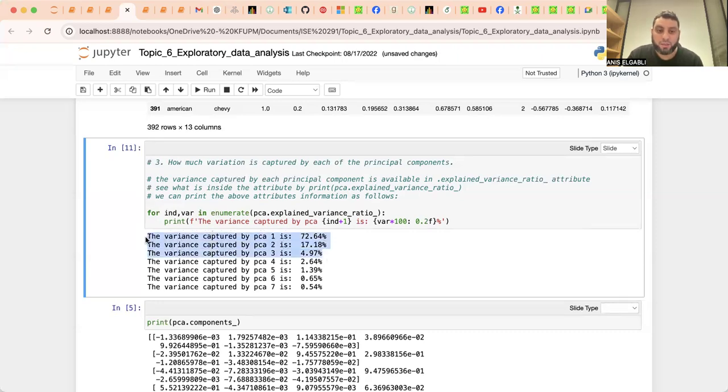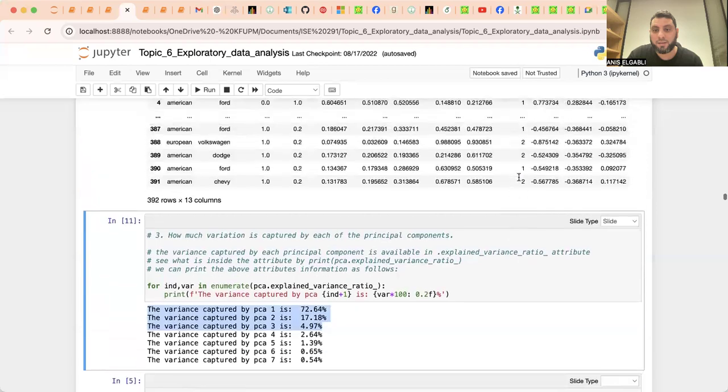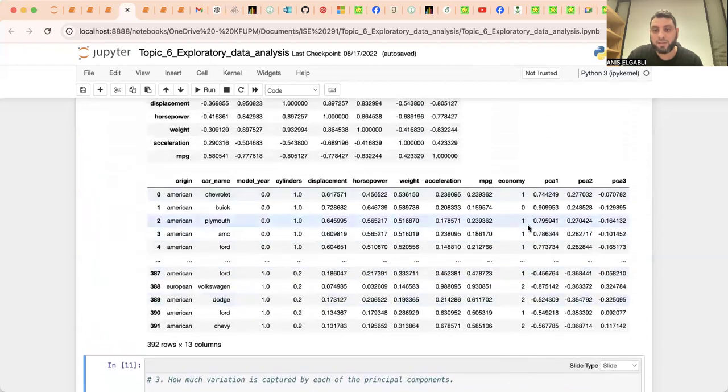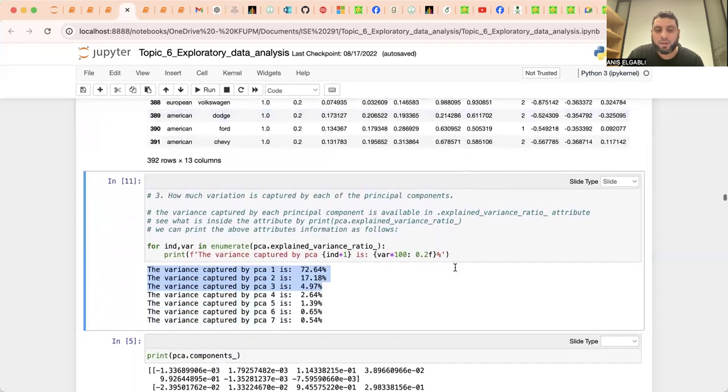I believe we will get a better model predicting economy from those three PCAs than from the only one that covers 99.75% of the variance, which was computed using the original unscaled features.